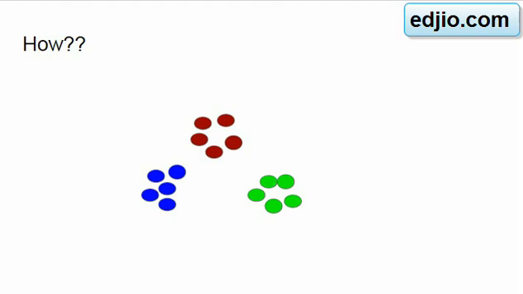Now if we receive a new data point, what do we do? We find the equilibrium distance from all 3 cluster medians, and whichever equilibrium distance is less, we put that data into that cluster, into that category.